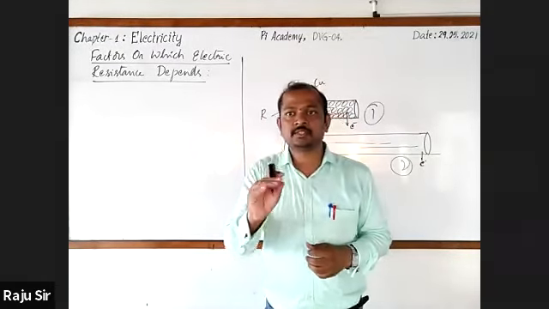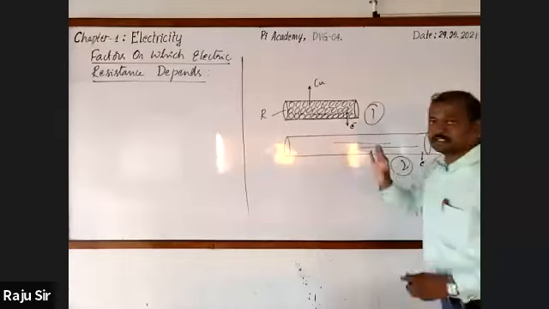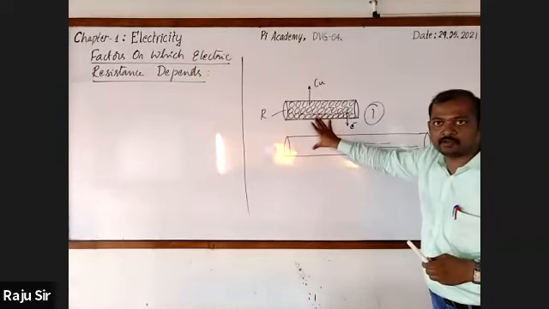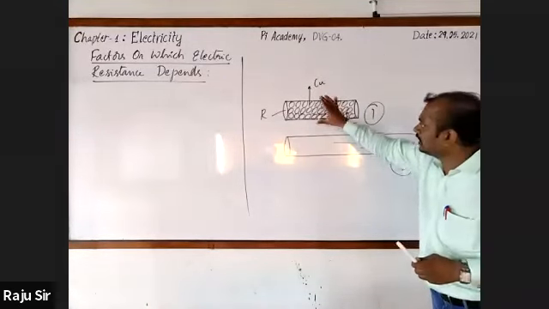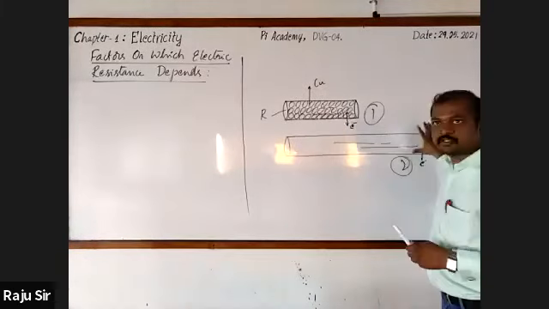Did you understand? Sir, the second one is not packed with atoms? There will be the same amount of electrons in the second one also. I told you that I have taken only copper wire, same thickness, but the length is different.